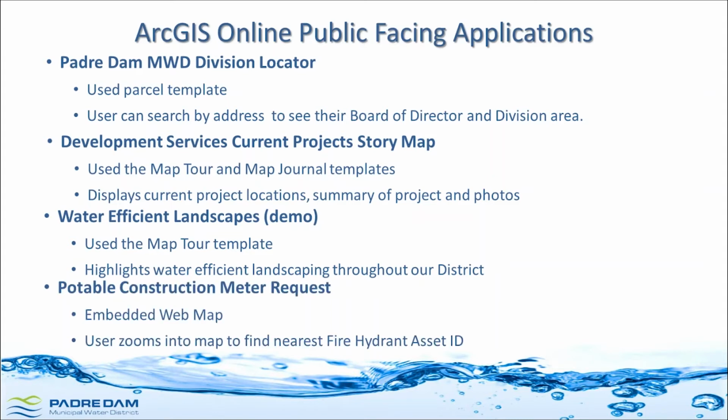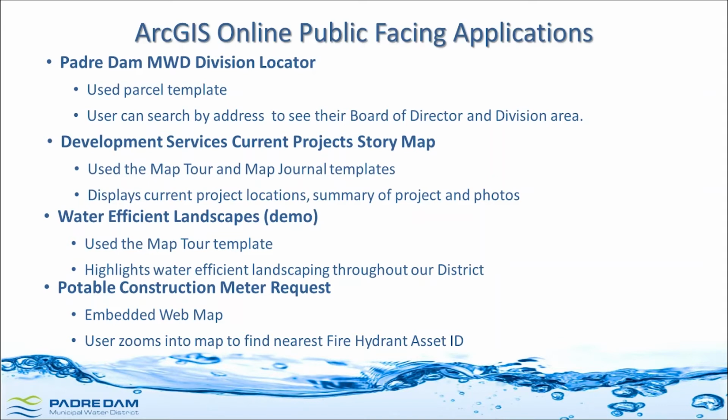And lastly, we used ArcGIS Online to help with our portable construction meter requests. So we have a portable construction meter request on our website, and we embedded a web map there where now the customers who need construction meters for dust control, landscaping, if they're building a home, can fill out the form.